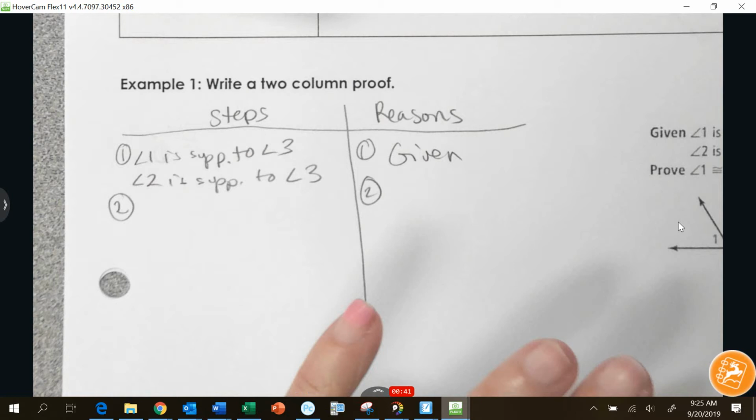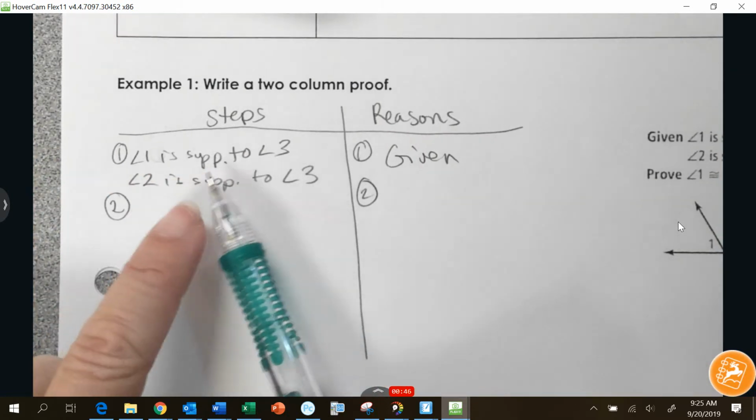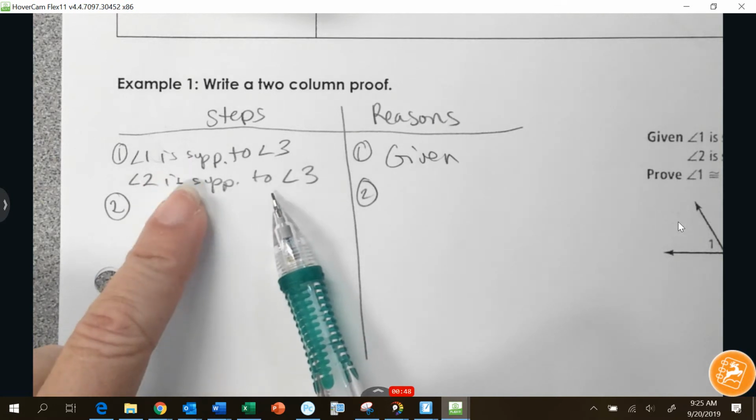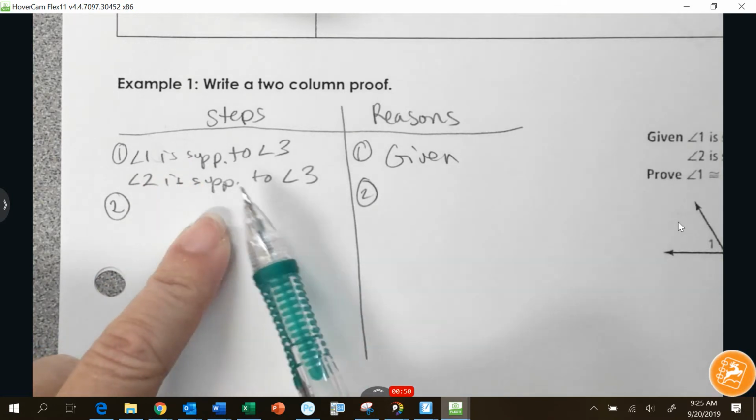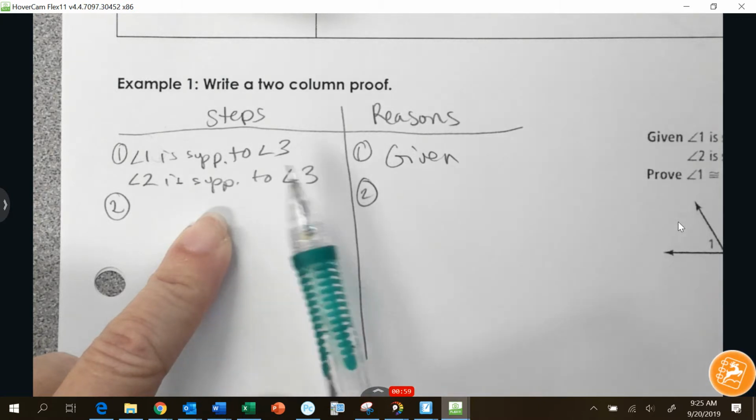Now, I was asking you to come up with what you know by reading that the two angles are supplementary. What do you know because these are supplementary? What do you know, Rachel? They add up to equal 180. Their measurements do.